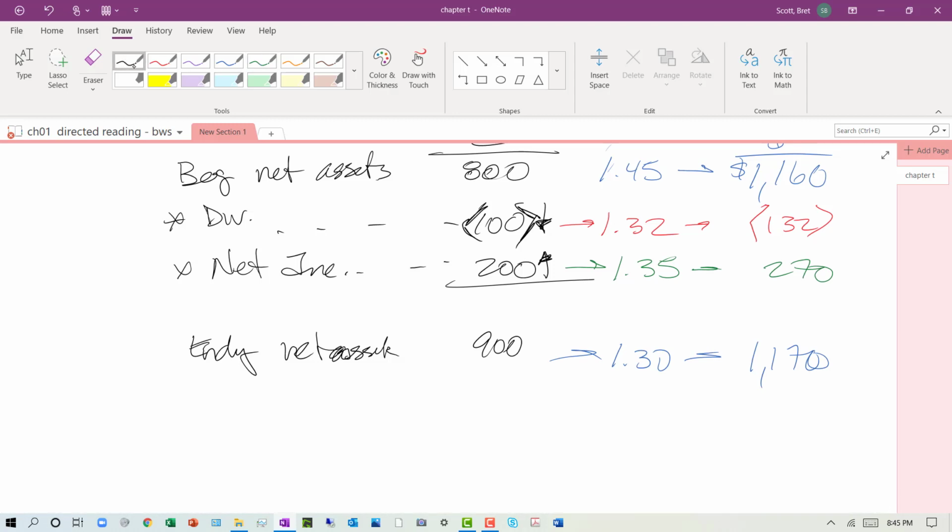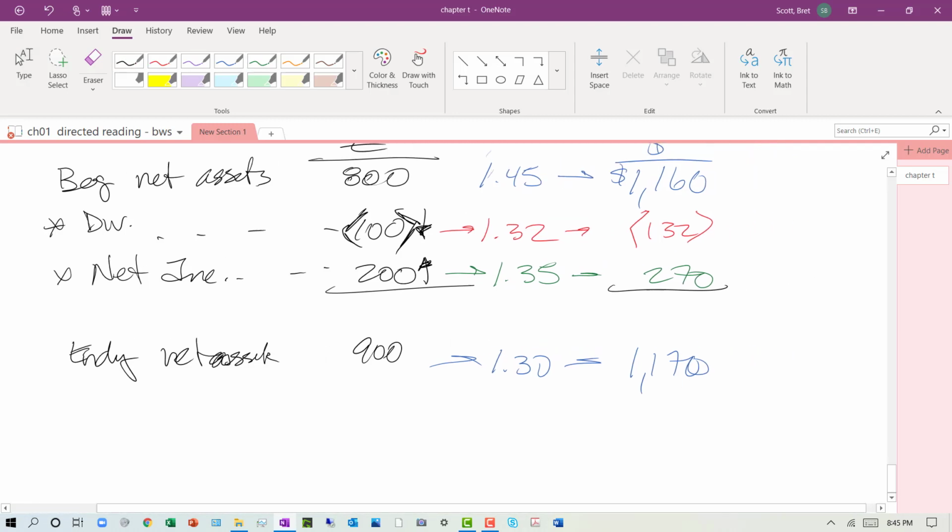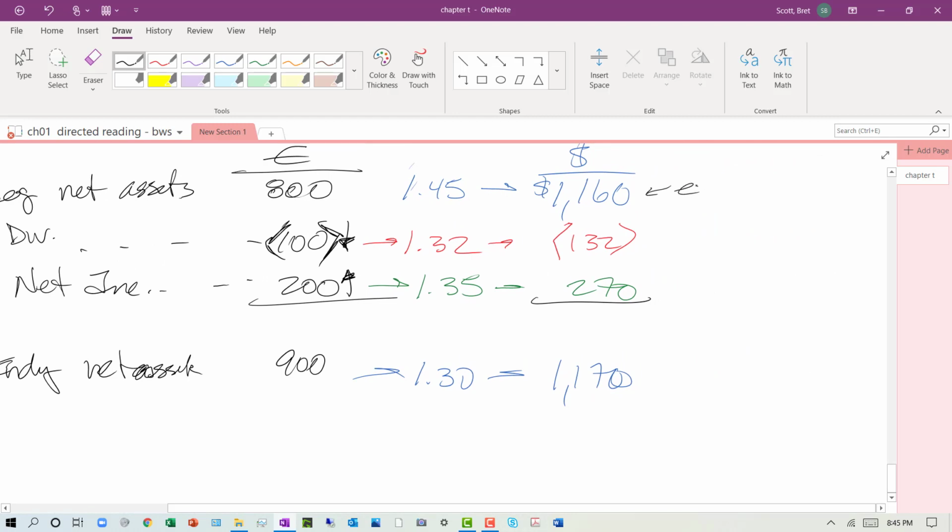So when I look at my exposure position, which was the 1160, this is my exposure beginning. I can see that my true exposure, when I add these guys up, changed from 1160 to 1298.